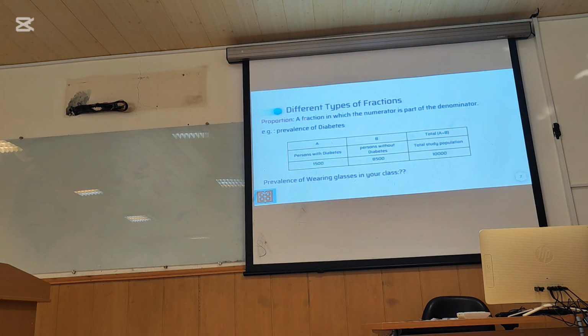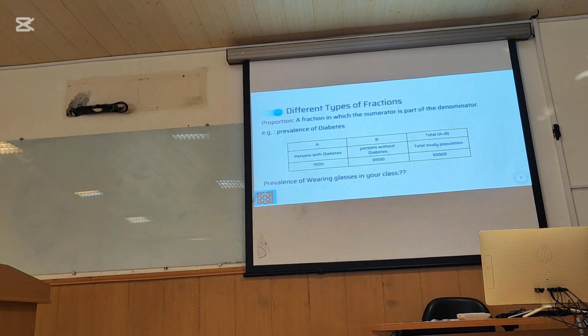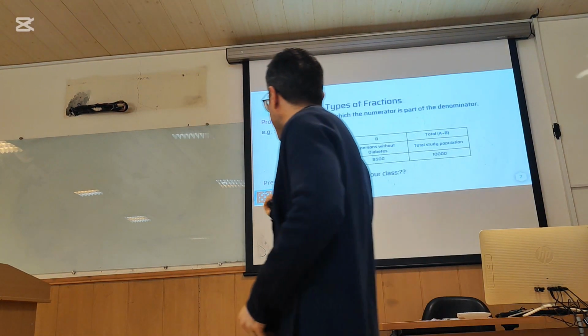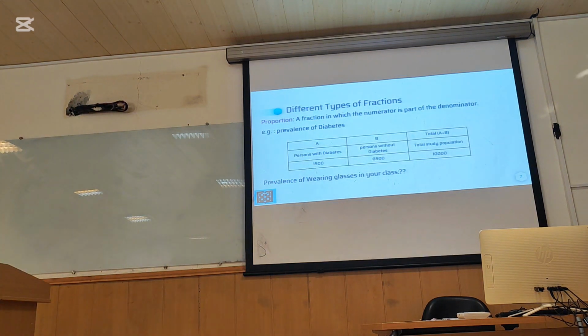Proportion is a fraction in which the numerator is part of the denominator. For example, prevalence is a kind of proportion. For example, we have a population including 10,000 people, and some of them have diabetes.